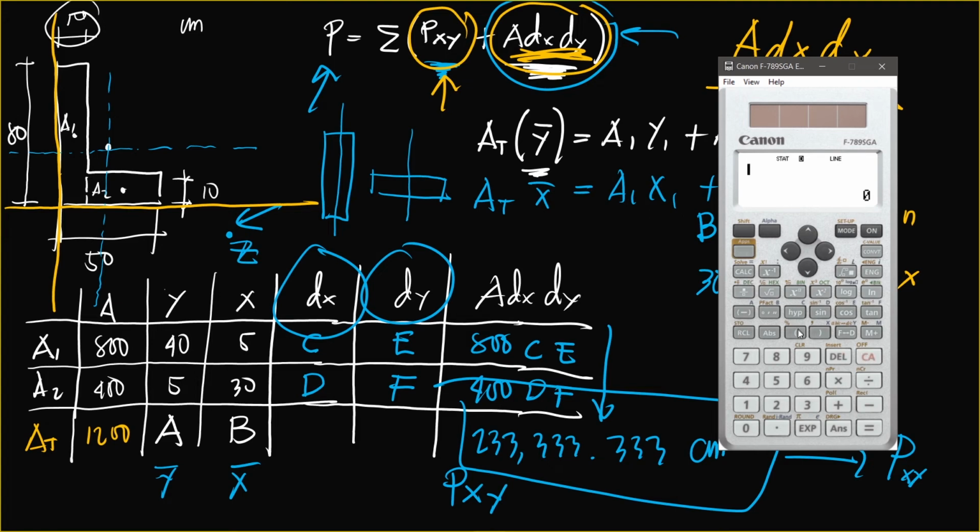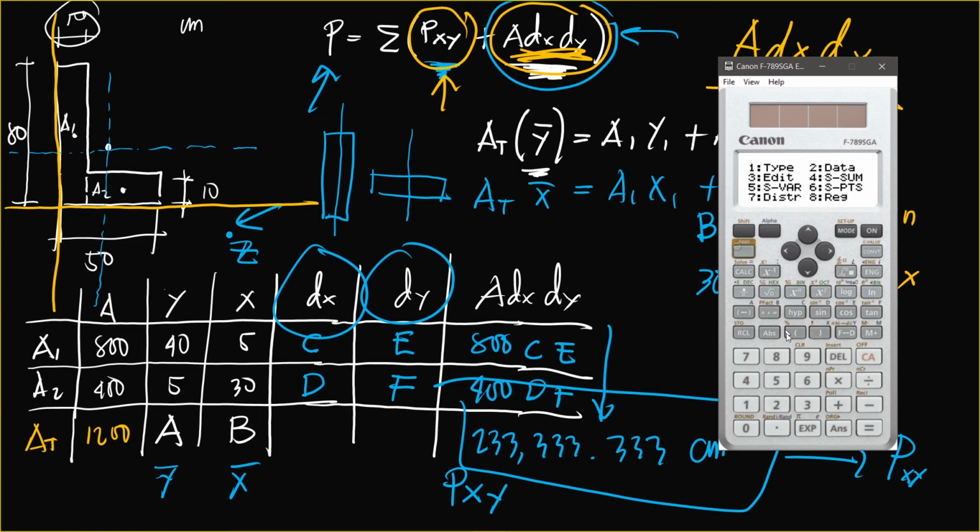So A1, I'll input it: 10 times 80 raised to 3, divided by 12, plus A2: open parenthesis, 40 times 10 raised to 3 divided by 12, close parenthesis.